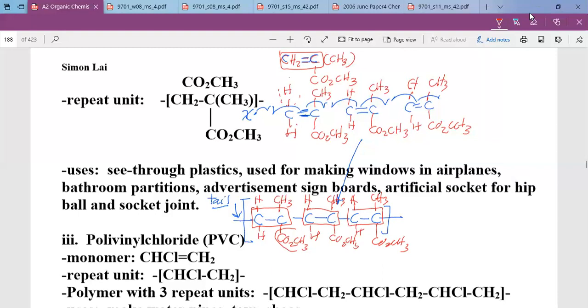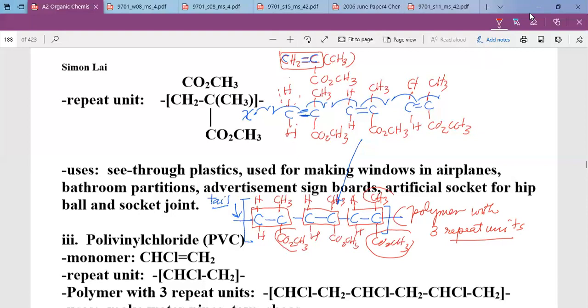So now this, of course, is a polymer with 3 repeat units. They will ask you that. Is it clear? Okay. So put all the side chains on the top and the bottom here. Don't put them on the side, it will disturb your whole train of drawing.